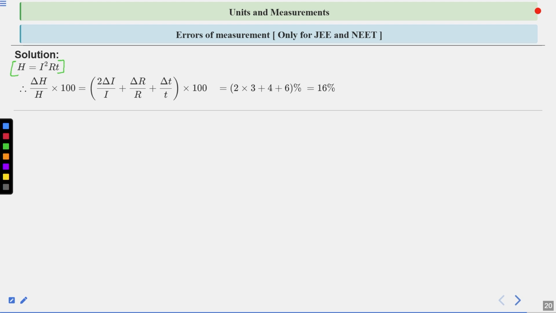ΔH divided by H is the relative error, and multiplying with 100, it will become a percentage.